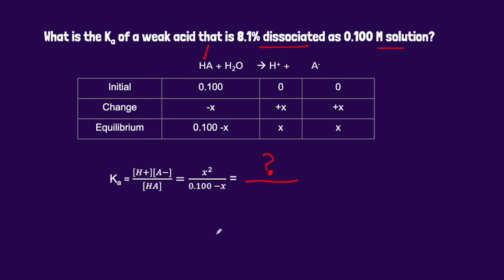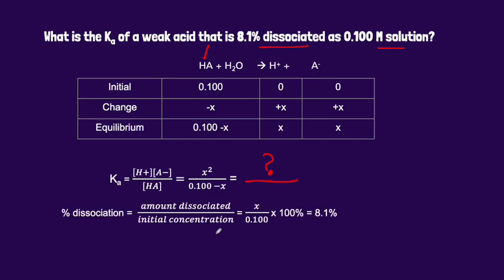However, you do have your percent dissociation, which can also give you the value for x. In the previous questions, we had the Ka and from that we were solving for x, but in this question you can solve for x first and then the Ka. So all I did was move this around a bit.